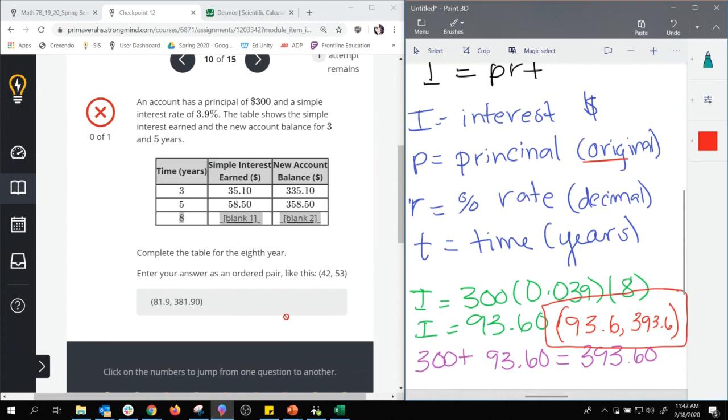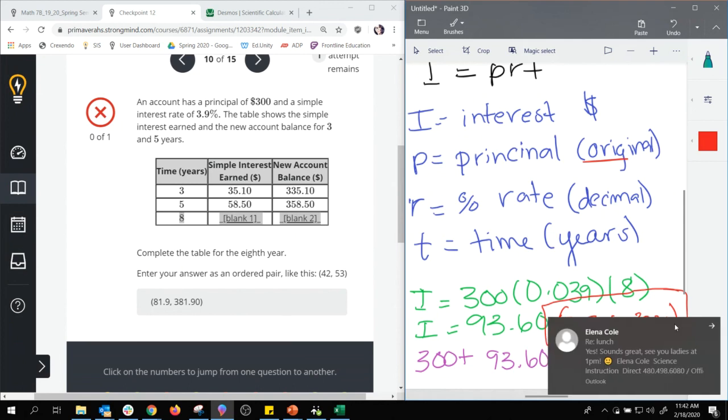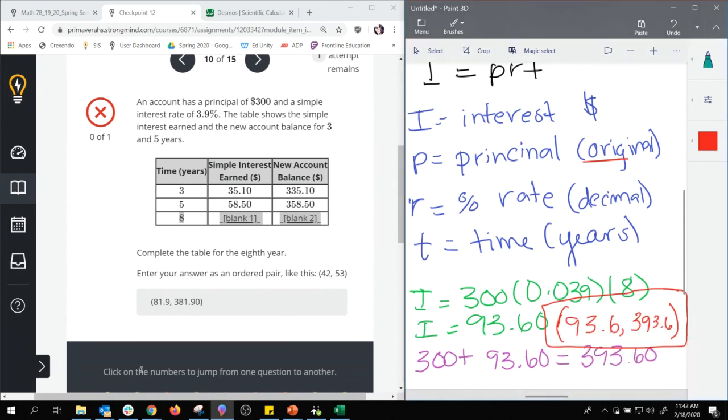Do you put a space? You can if you want to. It should count it if you put a space. If it doesn't, let me know and I can go in and give you credit after. But the space should be okay.